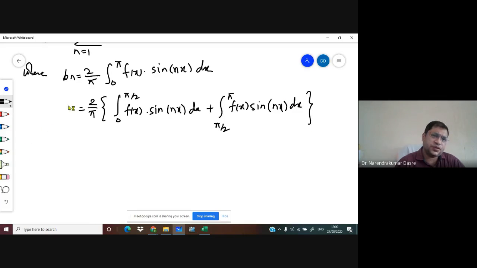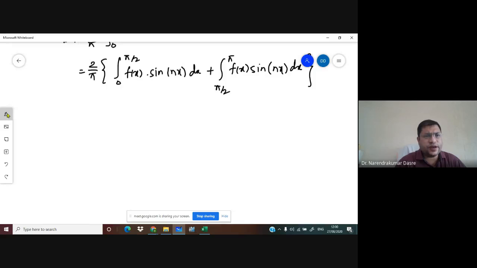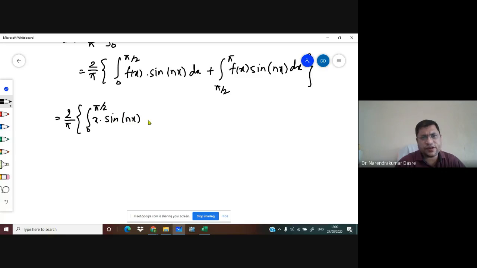Now let us put up the value of f of x in this interval. So we get is equal to 2 by pi integral 0 to pi by 2 x into sine of nx dx plus integral pi by 2 to pi, here we have the value pi minus x sine of nx dx.